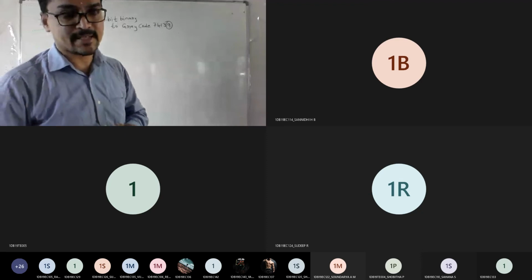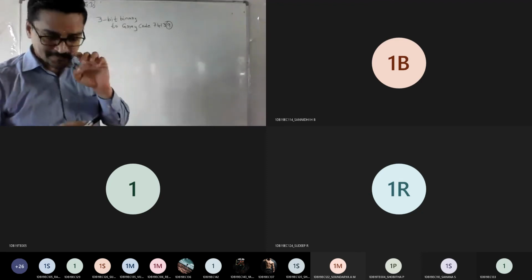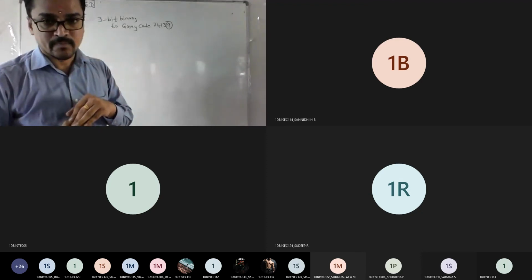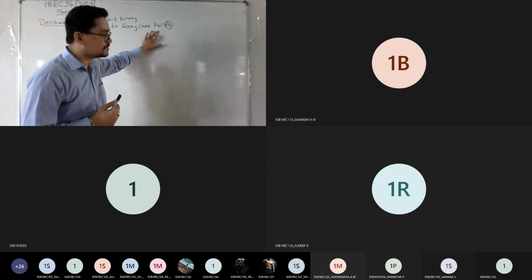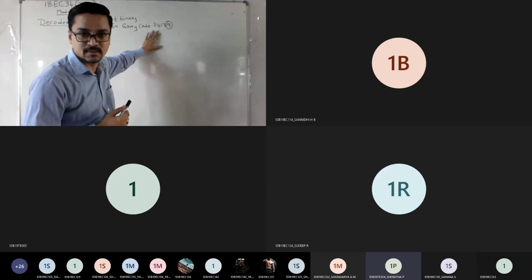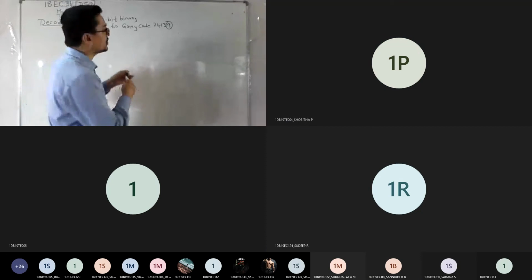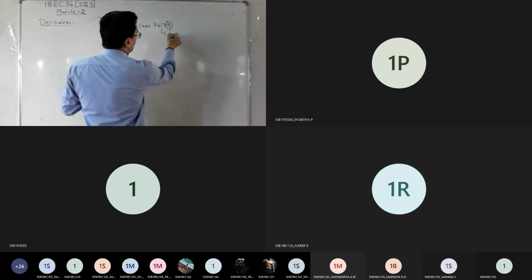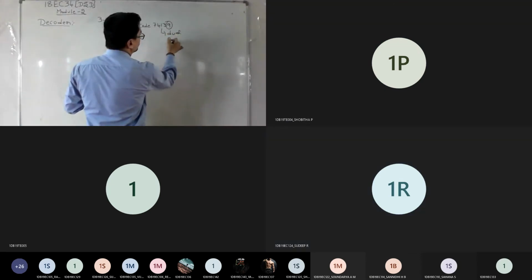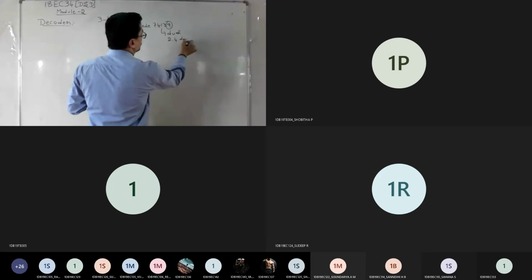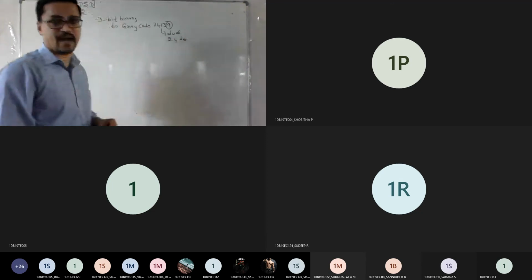What exactly is there in 74139? What do you have in this IC? It is made up of what? Good, it is made up of dual 2:4 decoders. So you'll have dual 2:4 decoders. That is the advantage we have here.